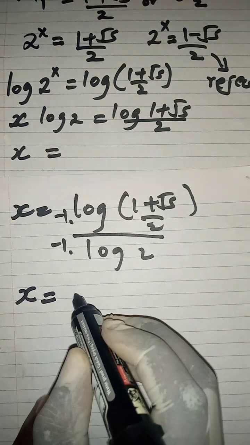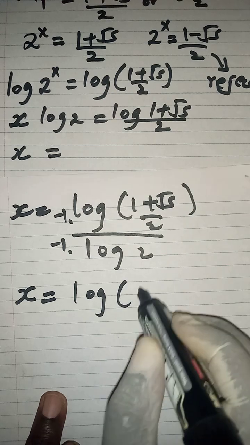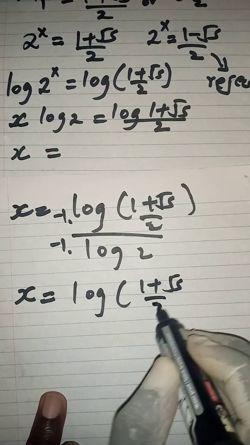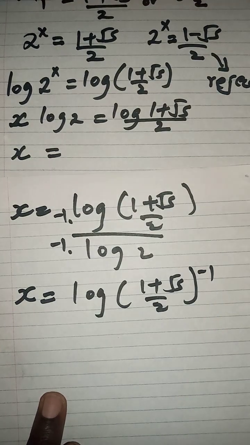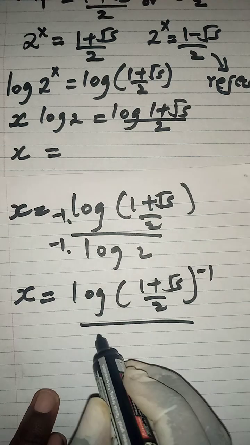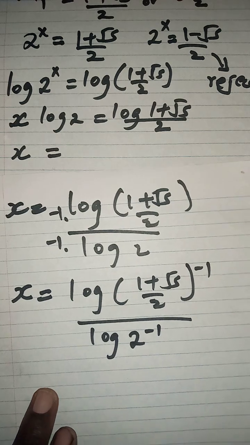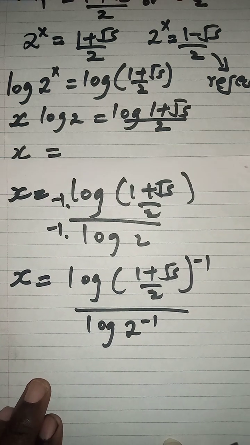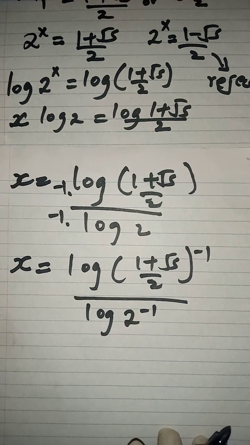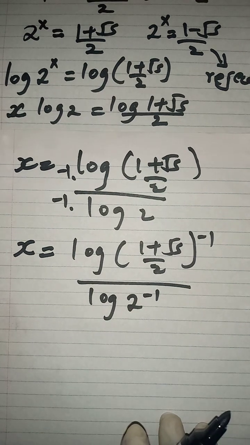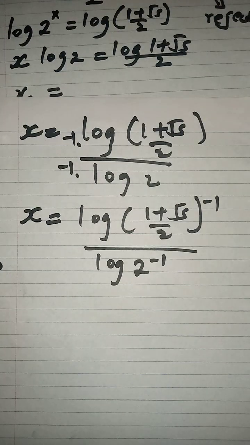I'm going to take this negative to the power here so that I get the log of (1 plus root 5) over 2 raised to power negative 1 all over the log of 2 raised to negative 1. I'm just doing this so that I simplify my solution so that it looks nice.